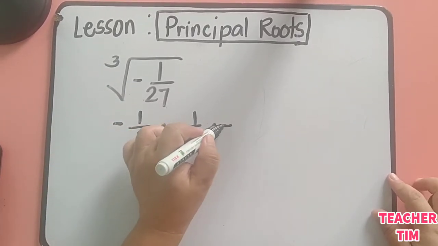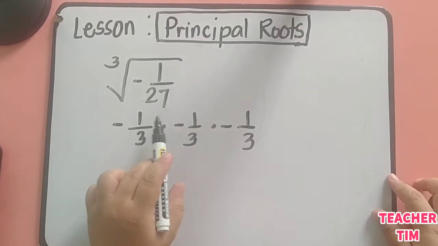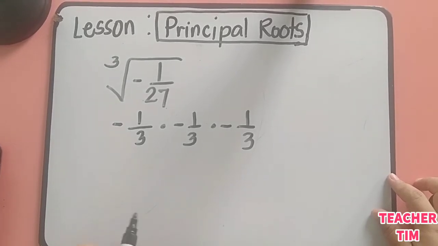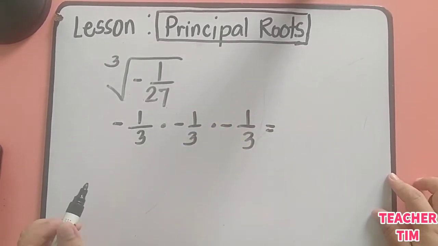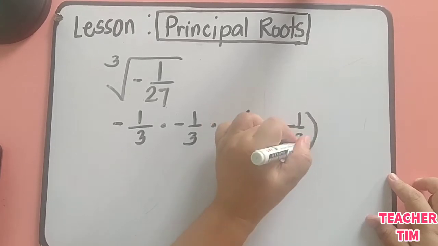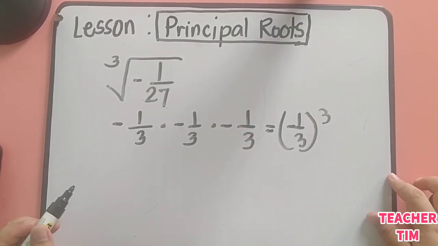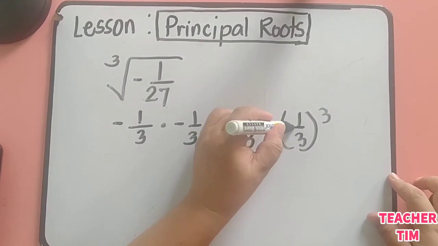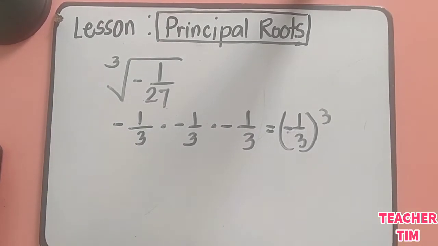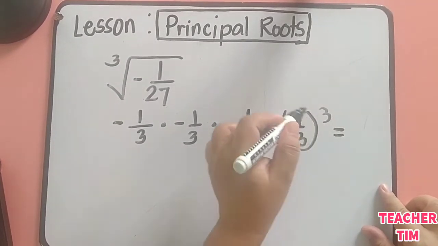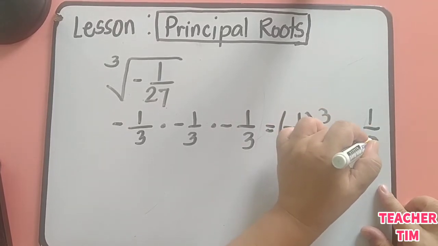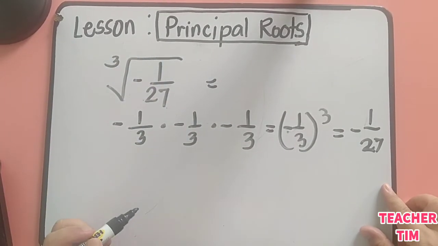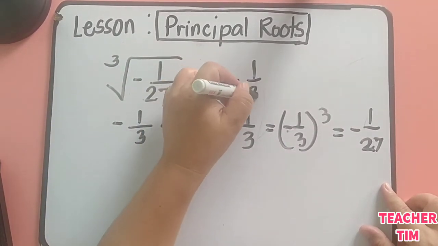We multiply it 3 times, because 1 times 1 times 1 is 1, and 3 times 3 times 3 is 27. Which is also equivalent to negative 1/3 raised to 3. So the cube root of negative 1 over 27 is equivalent to negative 1/3.